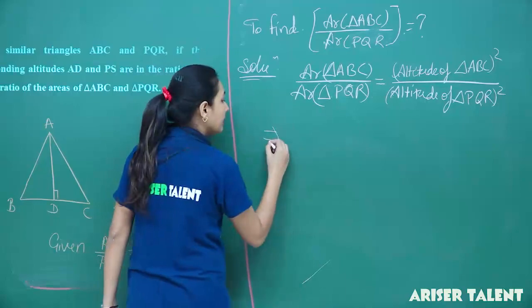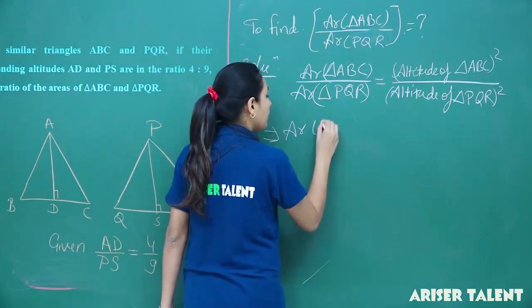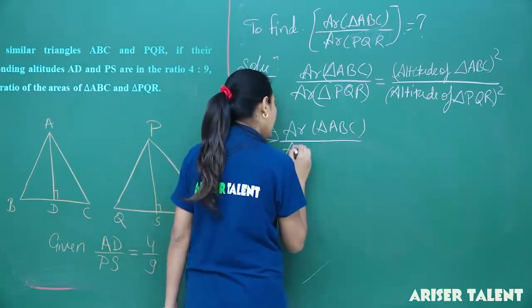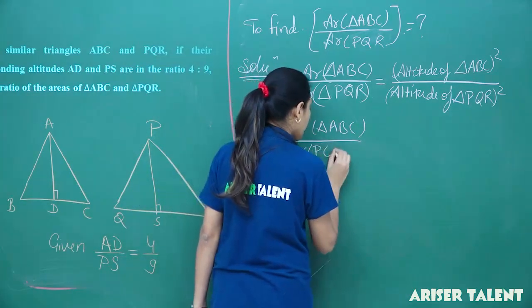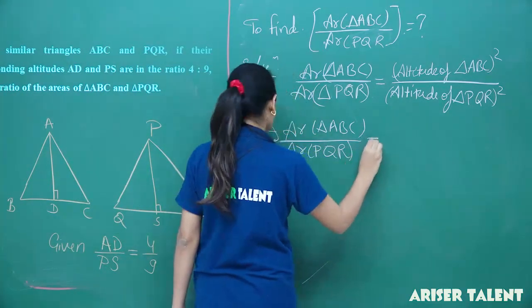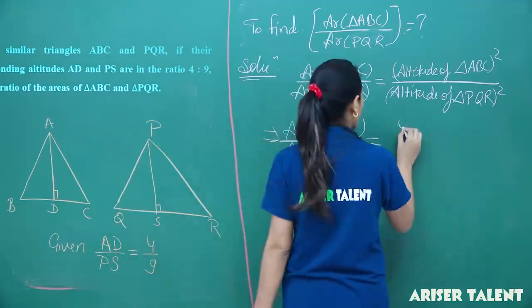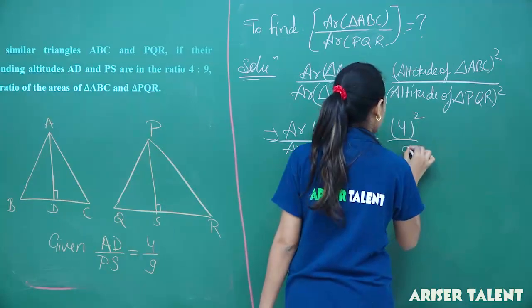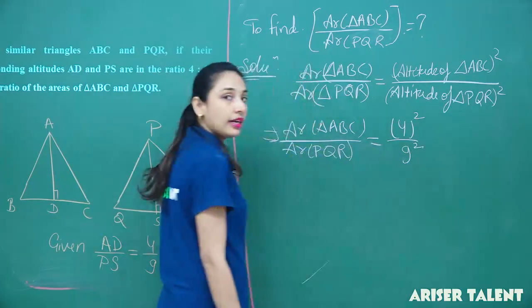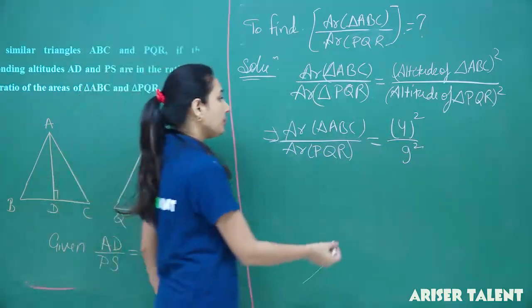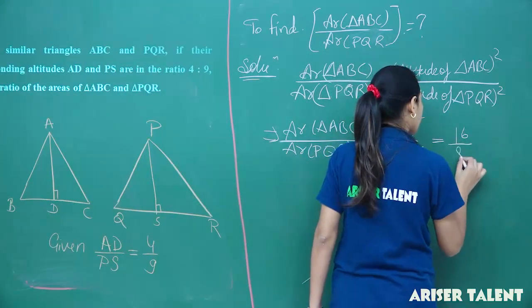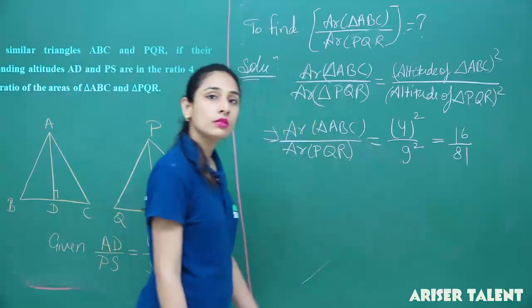This implies that area of triangle ABC by area of triangle PQR is equal to 4 square by 9 square, right, students? So it will give you 16 by 81.